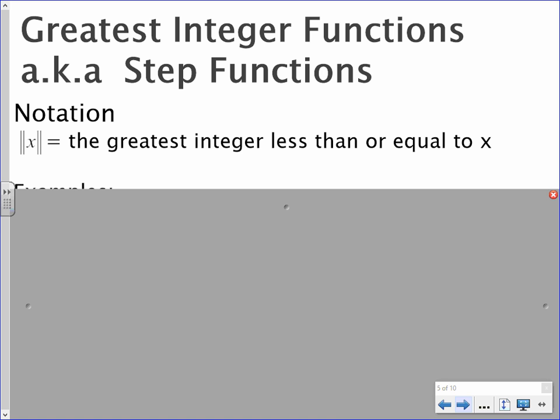If we wanted to evaluate the greatest integer of 3.2, what's the greatest integer less than or equal to that number? 3. Right? If we have the greatest integer of 3/2, we would evaluate that to be 1. We're basically rounding down to the next integer.